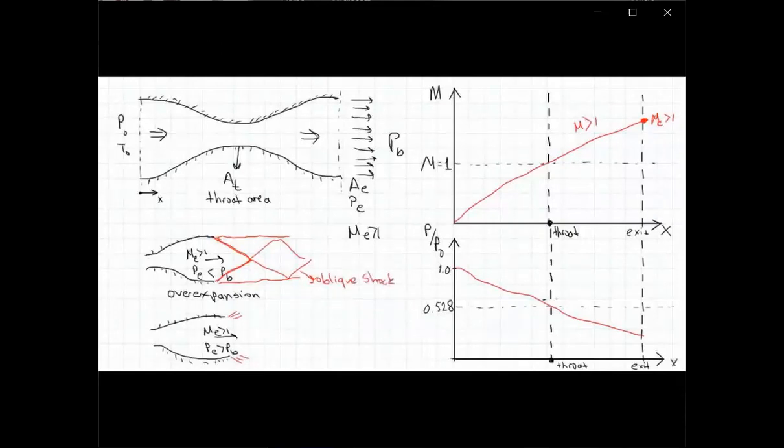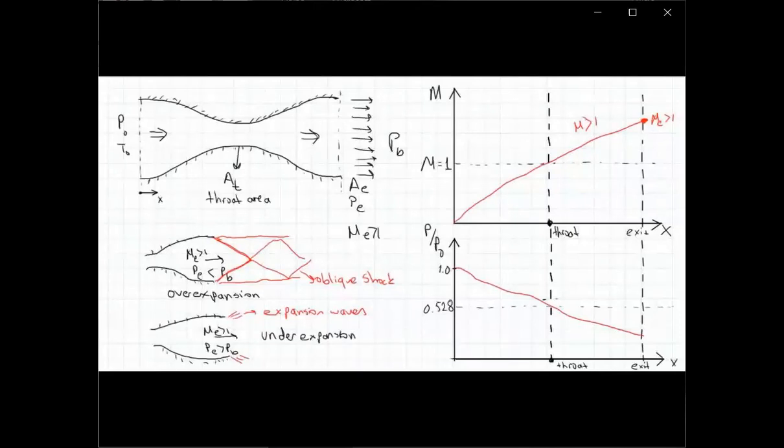This is happening outside the nozzle, and these are now for underexpansion. These are expansion waves, Prandtl-Meyer expansion waves. That happens again outside the nozzle, but the supersonic flow stream will have to go through these expansion waves. This case we call an underexpanded nozzle, underexpansion.